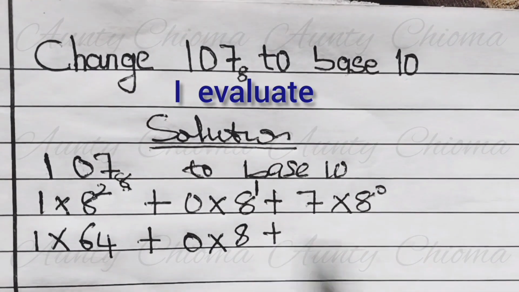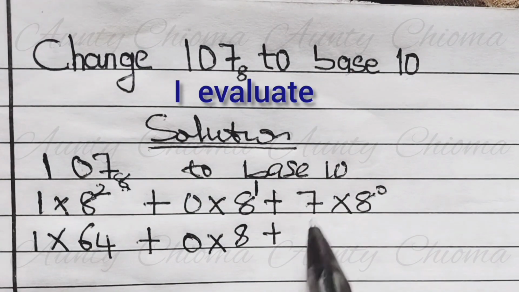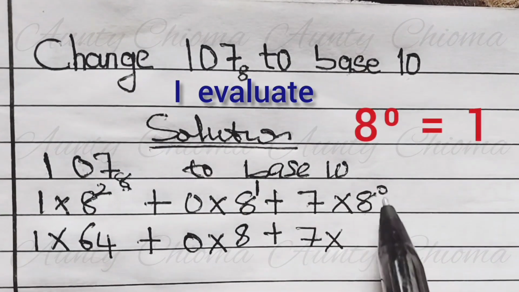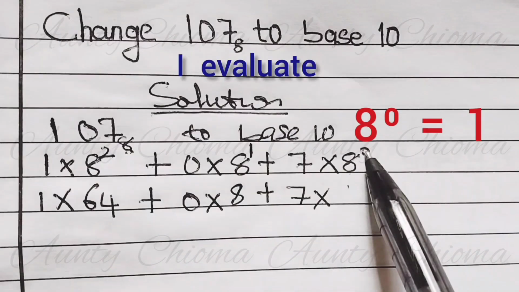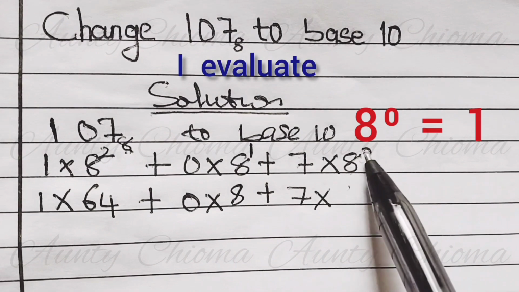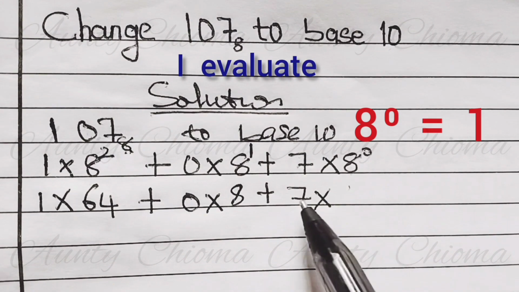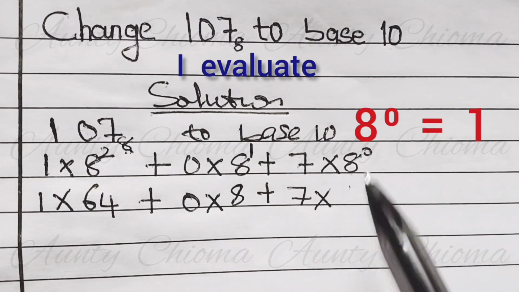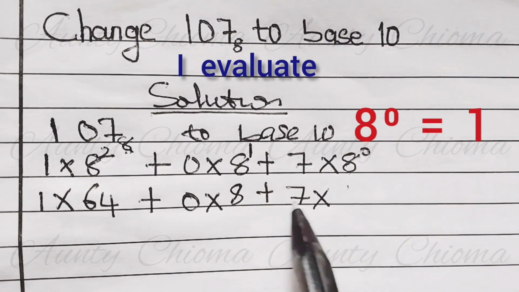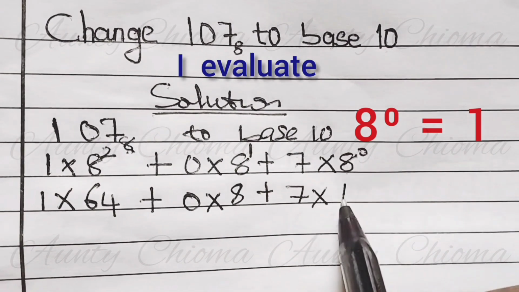Plus 7 times 8 raised to the power 0. I always say it, anything raised to the power 0 is 1. So 8 raised to the power 0 becomes 1, so 7 times 1.